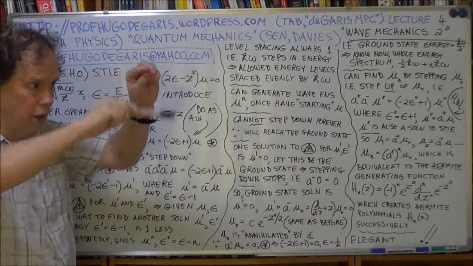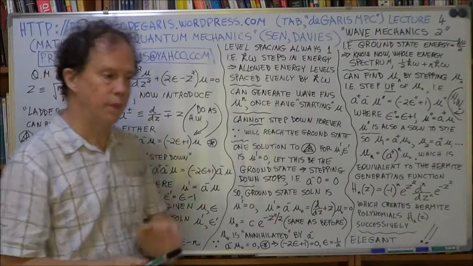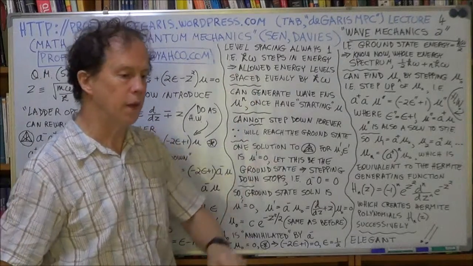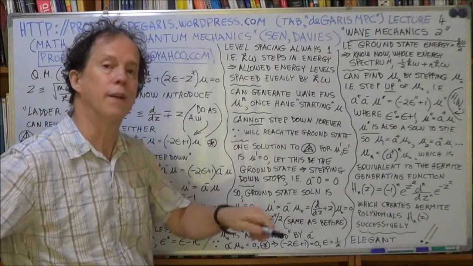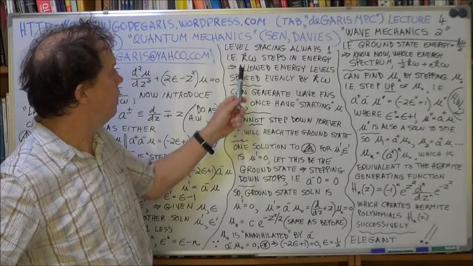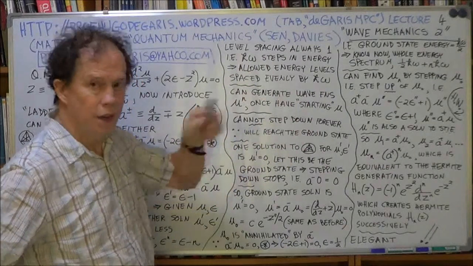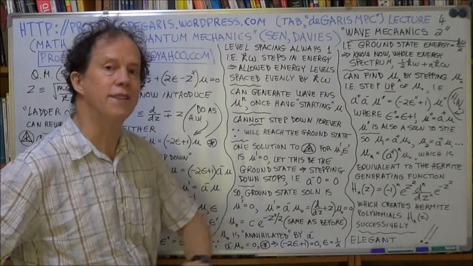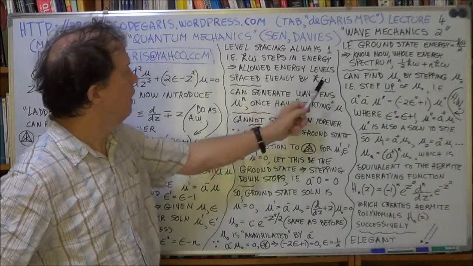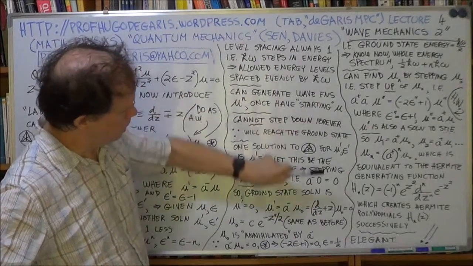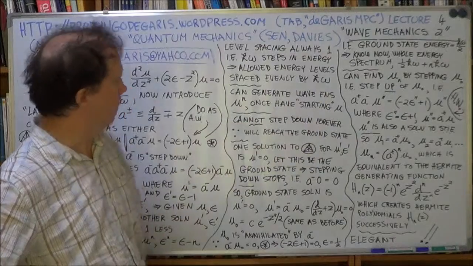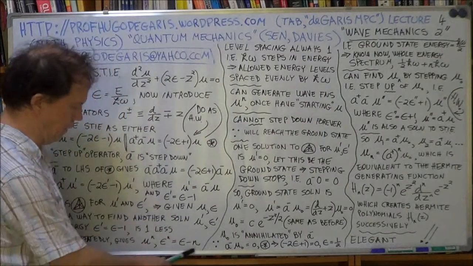So each time you step down, the allowed energy is decreasing by h bar omega. So the allowed energy levels are spaced evenly, and the difference between the energy levels each time is h bar omega. That just comes out of this.